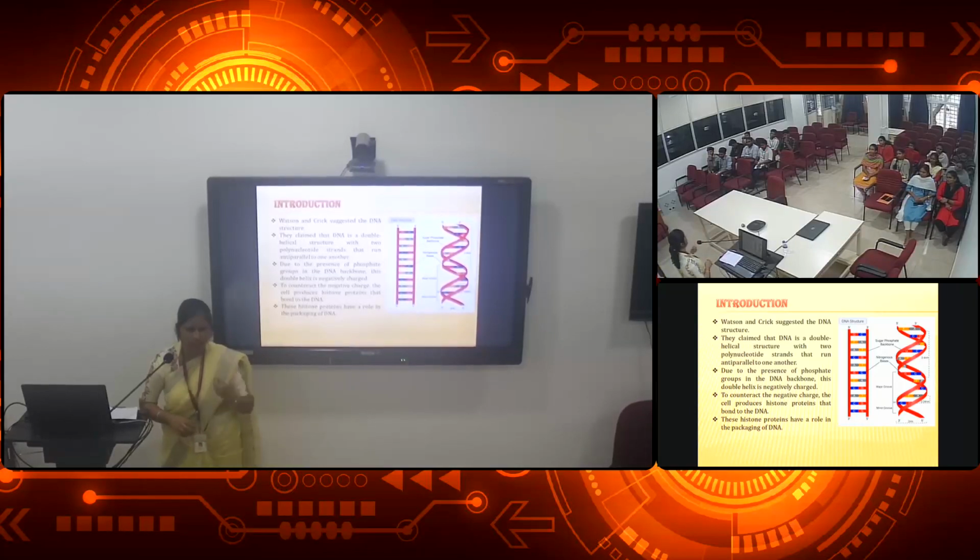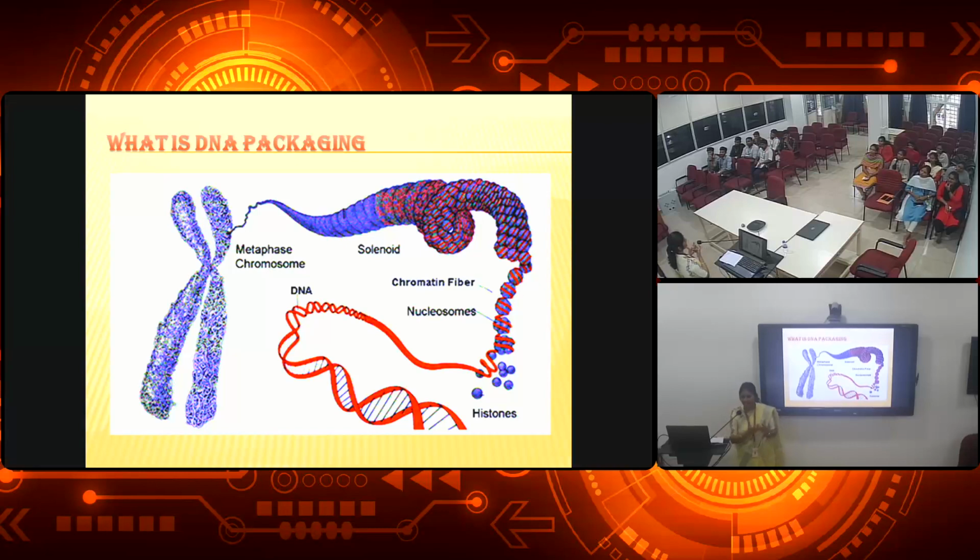What is the size of the cell? The cell is microscopic in nature. Even the nucleus is very small compared to the cell. The nucleus is about a micrometer in diameter. So in order to fit the DNA inside the nucleus, it creates a more compressed and compact structure.